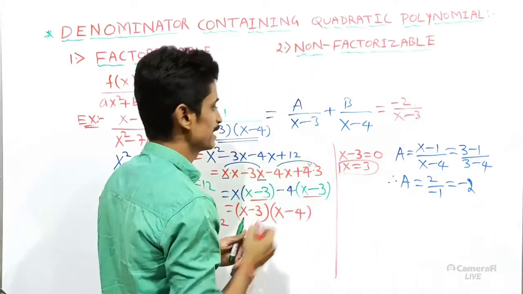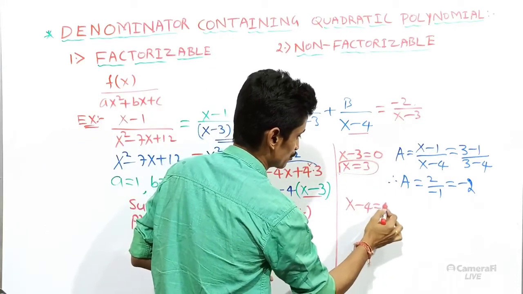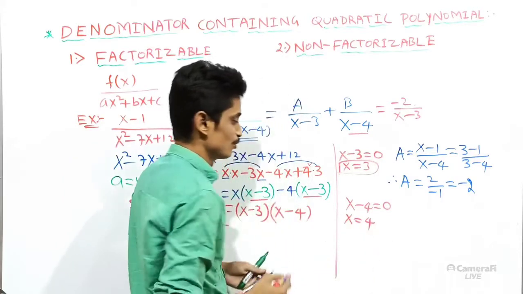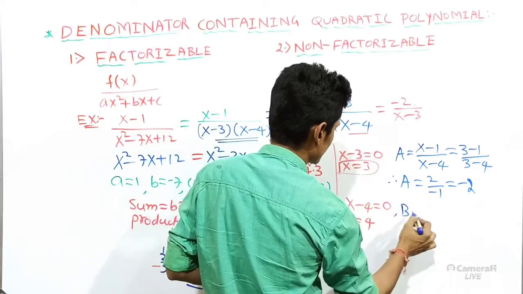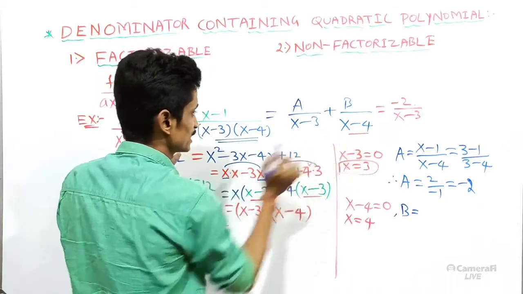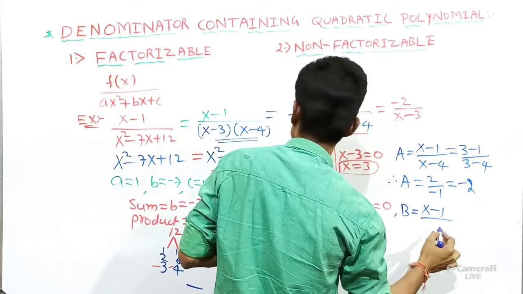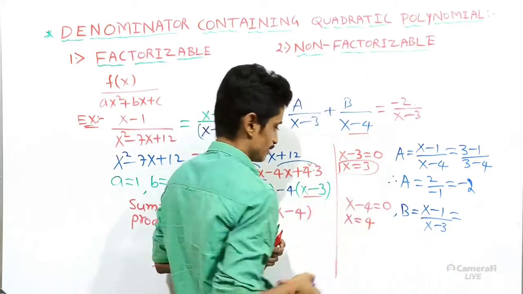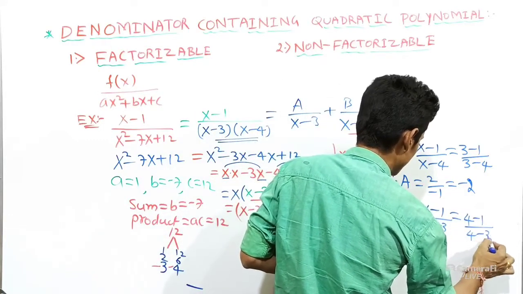Next, move to the b value. So focus on the denominator, that is x minus 4. Assume x minus 4 equal to 0, then you will get x equal to 4. After that, take b equal to the complete LHS part excluding this x minus 4 factor, now x minus 1 upon x minus 3 remains. Substituting the x value 4, that is 4 minus 1 upon 4 minus 3.